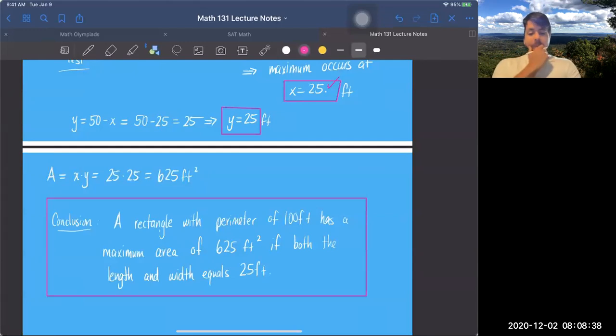Okay? So that's the idea. The idea is to find out what is the quantity that we want to maximize or minimize, find a restriction, represent that quantity that you want to maximize or minimize as a function of a single variable, and then once you have that function, find the maximum point or minimum using first derivative or second derivative tests.